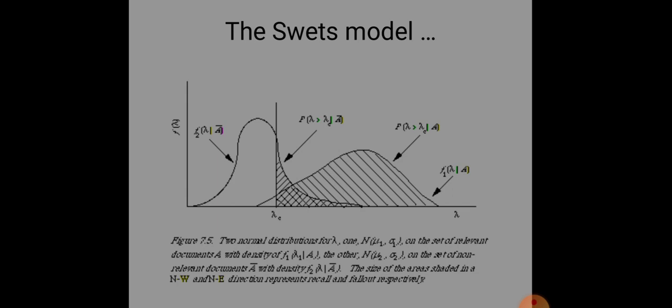But here you can see that from lambda c we will be retrieving the documents. There is some common area, so from the common area we need to remove something. That removal is our irrelevant documents, because the first distribution corresponds to our irrelevant documents and the right distribution is the relevant documents.